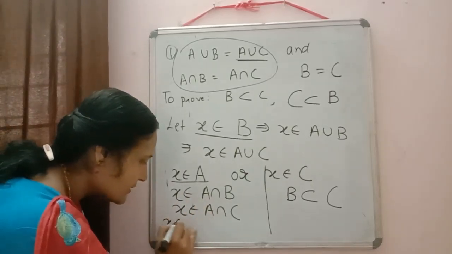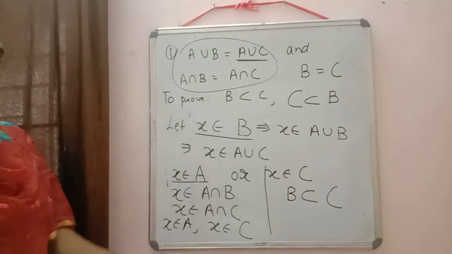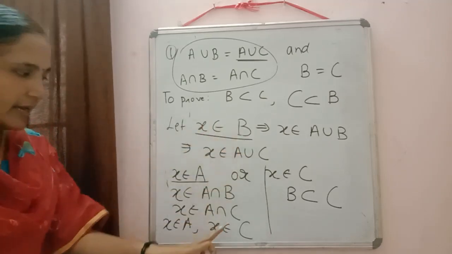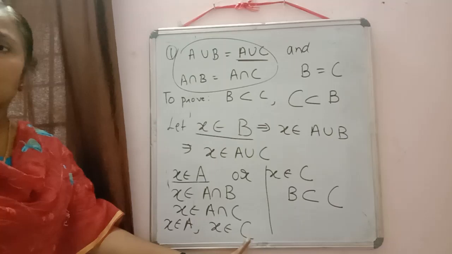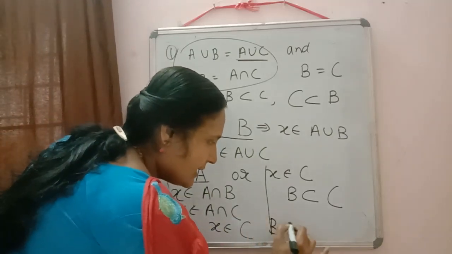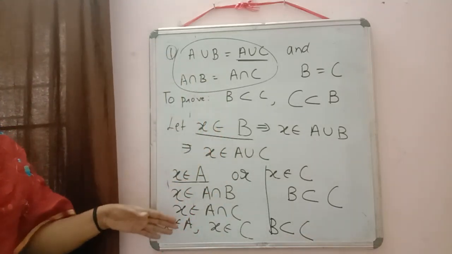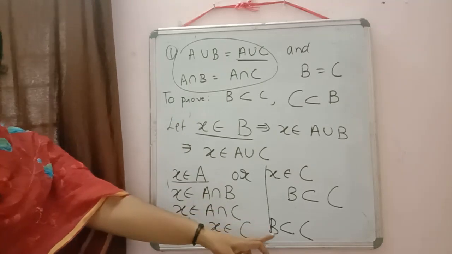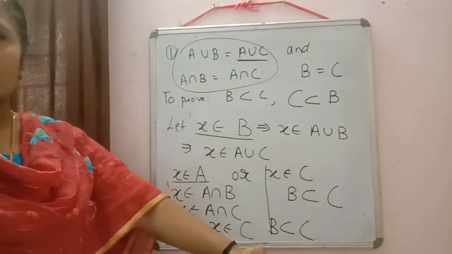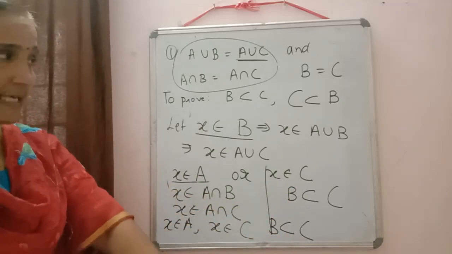So here we are getting X belongs to A and X belongs to C. Again, we have taken X belongs to B, and again we are getting X belongs to C. So in this case also we are getting B is a subset of C. If you take X belongs to A, then also X belongs to C, or directly if X belongs to C, then our proof is over. So at present we got B is a subset of C.